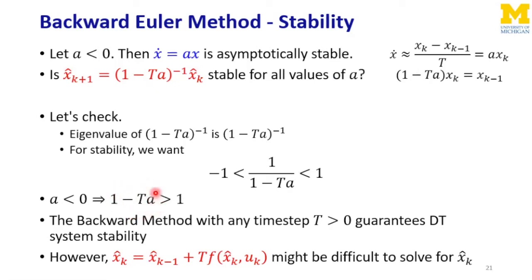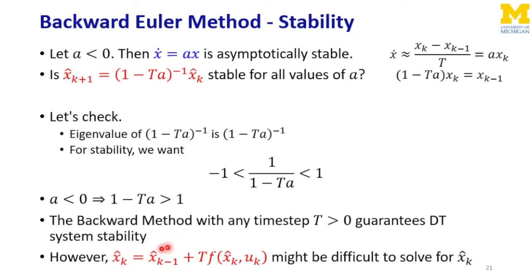Not only positive, this term is actually always greater than 1, which means that when I take the inverse of this, the inverse is always going to be less than 1. So the eigenvalue is always less than 1, and it's always positive. So the backward Euler method with any time step T greater than 0 guarantees stability of the discrete time approximation system.